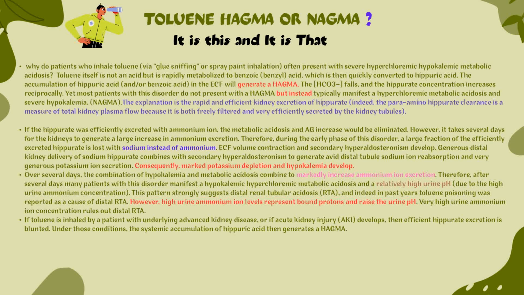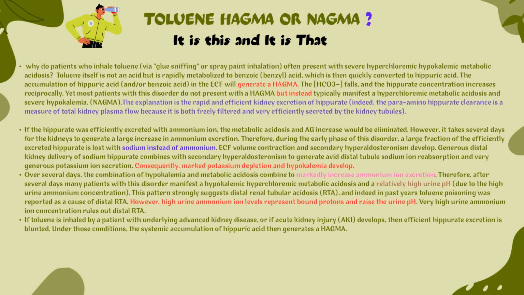However, initially it's rapidly cleared renally by combining with sodium and potassium, which are cations. Thus, you have the acid component, hippuric acid, being cleared and cations, sodium and potassium, being lost in the urine along with the hippuric acid. So, you have a situation where the HAGMA now gets converted into a NAGMA.